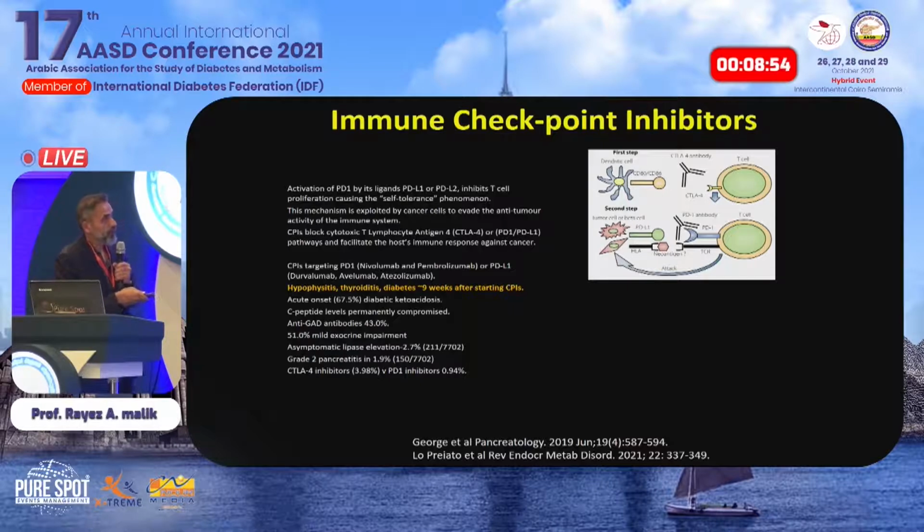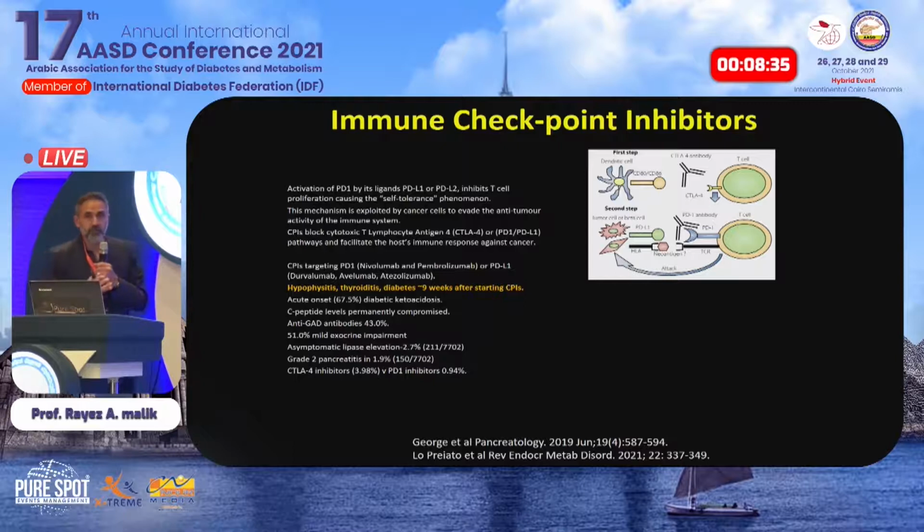And so you have these CPIs, the checkpoint inhibitors, which are nivolumab and pembrolizumab, or PDL1 inhibitors, and they can cause endocrine dysfunction, so hypophysitis, thyroiditis, diabetes, and it's acute onset diabetic ketoacidosis.